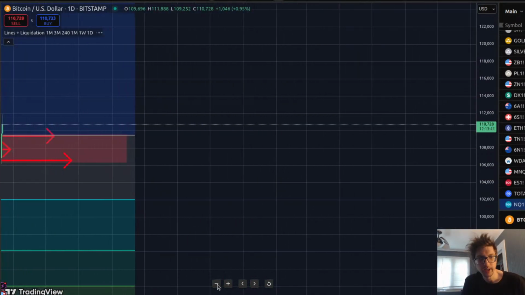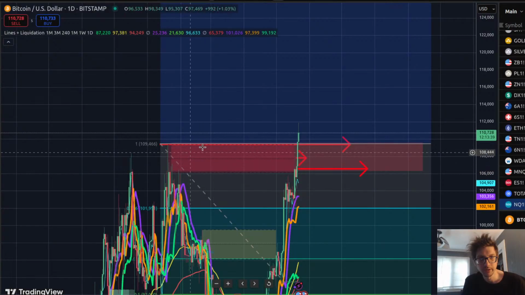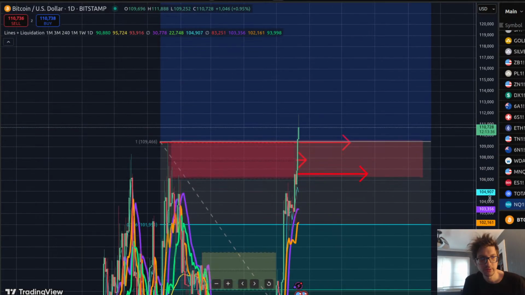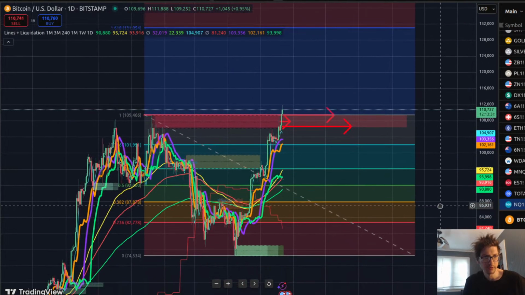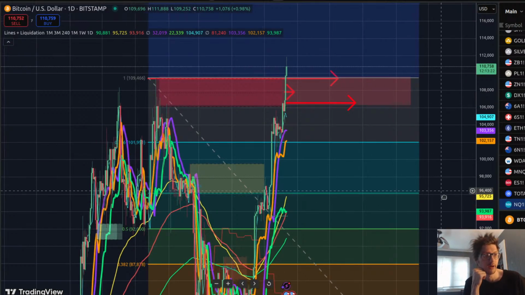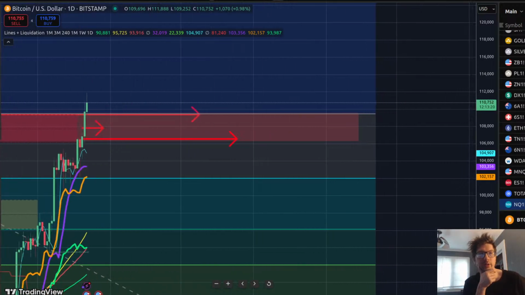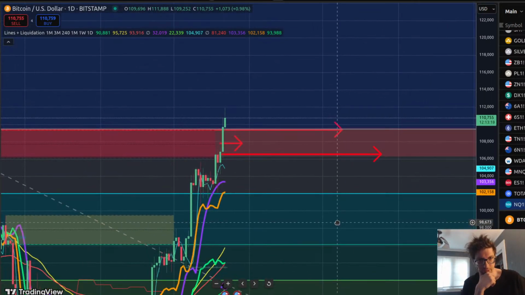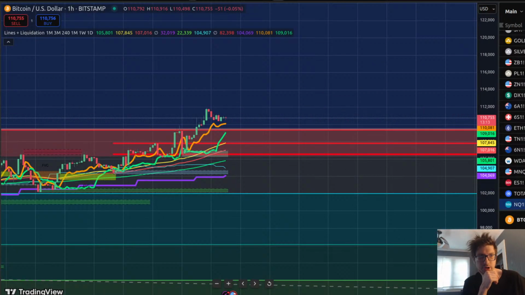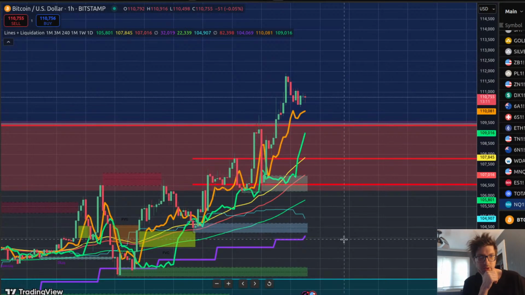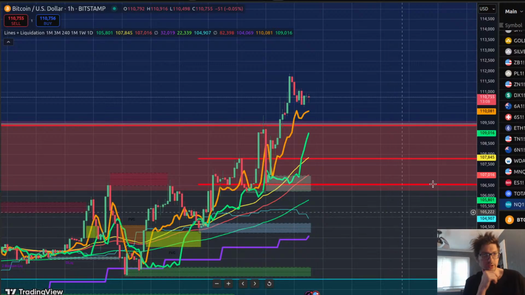And again, we got this red line right here from this liquidation zone on the daily for Bitcoin. If you want to see how I set that up and why I set that up the way I did, with the lines that I chose and everything that you see drawn on the chart, go ahead and check out my other live videos to see how I built up this chart, so to speak, with all the lines and the indicators and the TA.